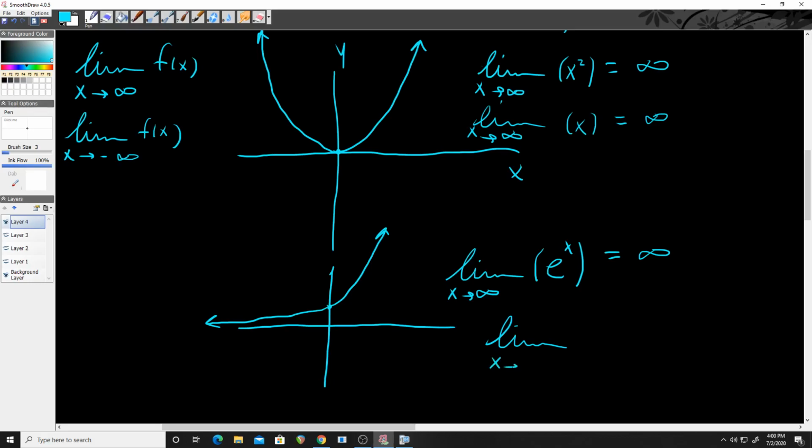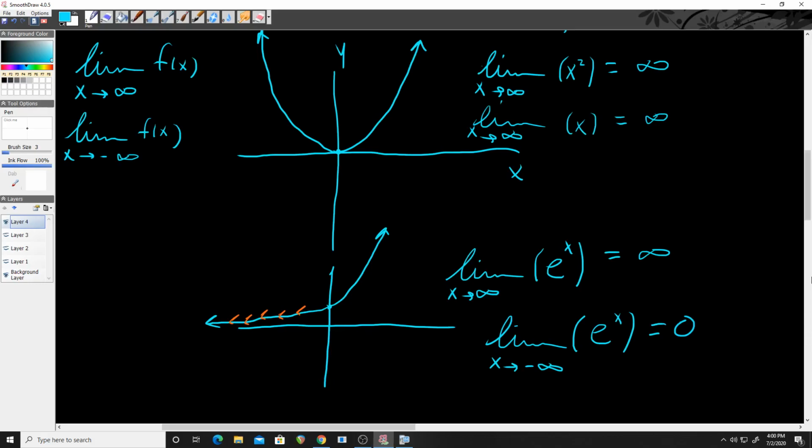On the other hand, as x approaches negative infinity, we can see what's going on here: the exponential approaches 0.